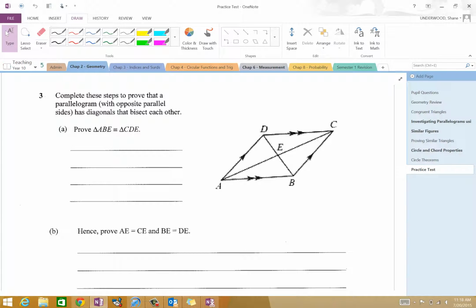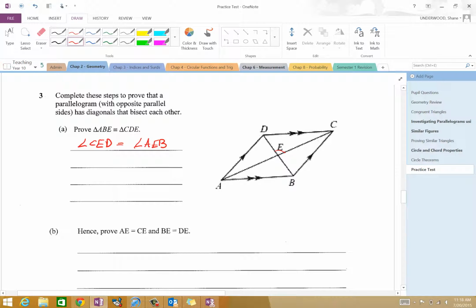What can you tell me about the angle CED? It's the same as AEB, isn't it? So the angle CED, this angle in here, is also the equivalent of angle AEB.